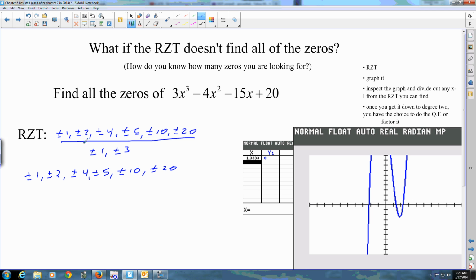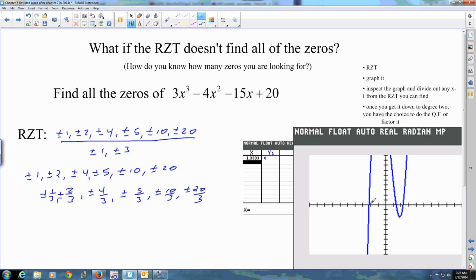And then you'd have plus or minus 1/3, 2/3, 4/3, 5/3, 10/3, and 20/3.